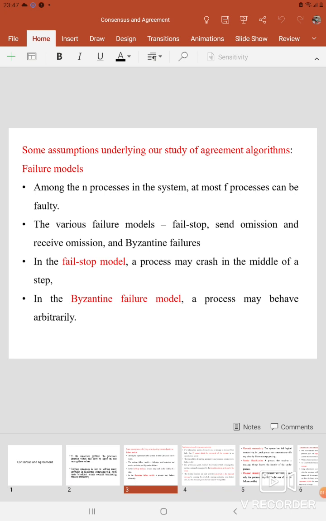We may use various failure models, for example, the fail stop model, send omission model, receive omission model or Byzantine failures. In a fail stop model, a process may crash in the middle of the execution. In the Byzantine failure model, the processes behave arbitrarily.